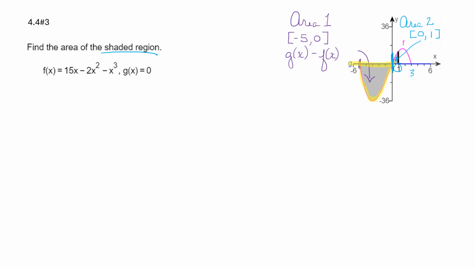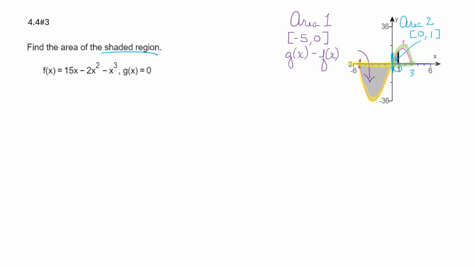Now, when we're looking at that, again, we need to think in terms of which function is above. In this case, as you can see, the fuchsia curve, the f, is over the horizontal x-axis.